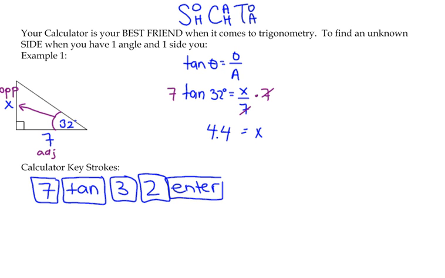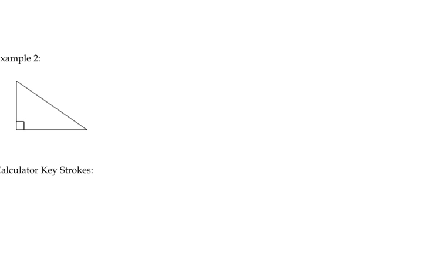Yeah, for sure. Okay, what if we're looking for side adjacent instead? So this time, let's make this a length of 7. We'll make our x here and our 32 in the same place. For the example 2. Come on, Anthony. Should be writing this down.